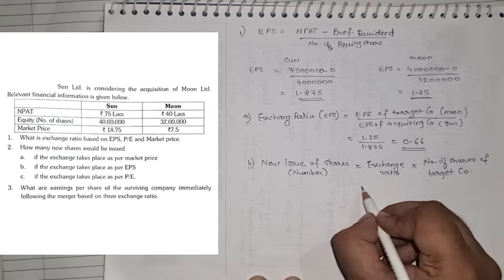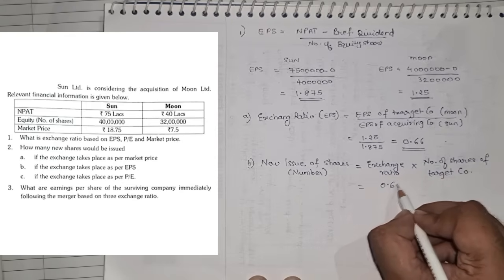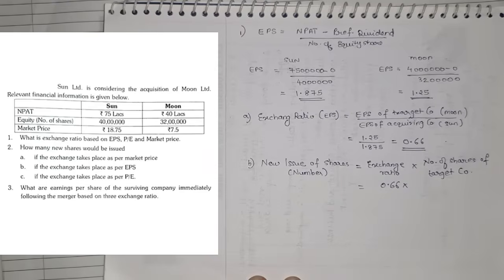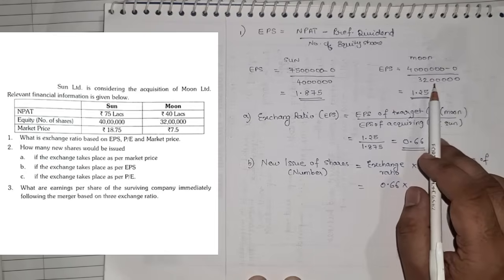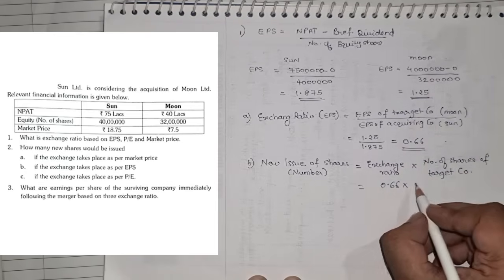target company. So exchange ratio was 0.66 and the shares of the target company were 32 lakhs. So into 32 lakhs.